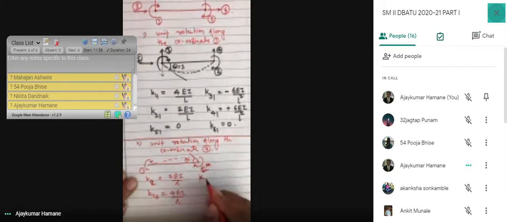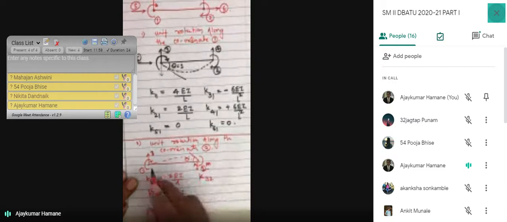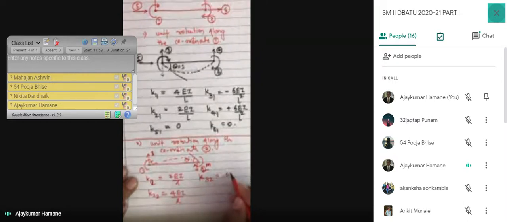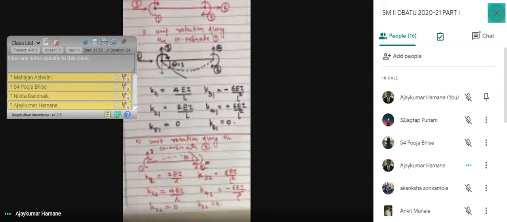and k32, 3 is positive. Here it is in the downward direction, it is positive, so 6EI by L square, and k42 is minus 6EI by L square, and k52, axial direction, is 0, k62 is 0. Okay, students.